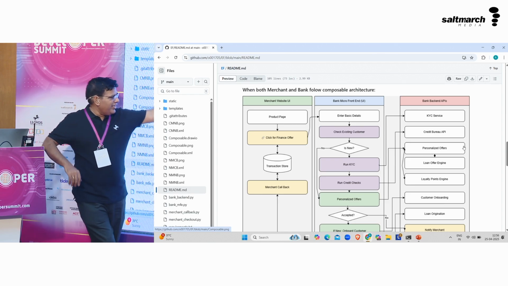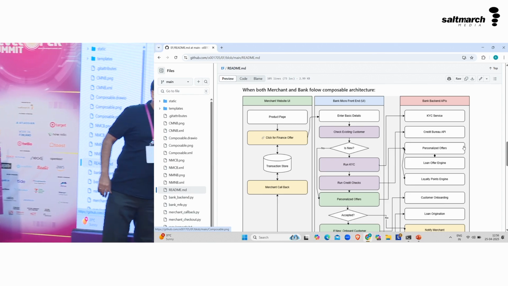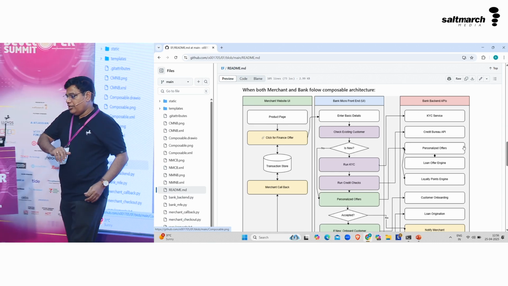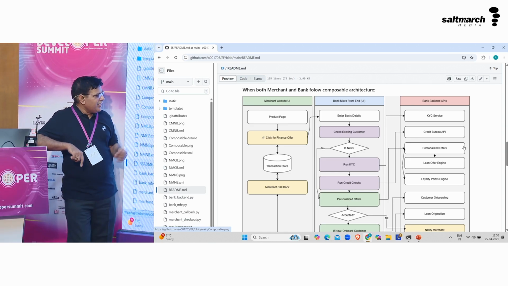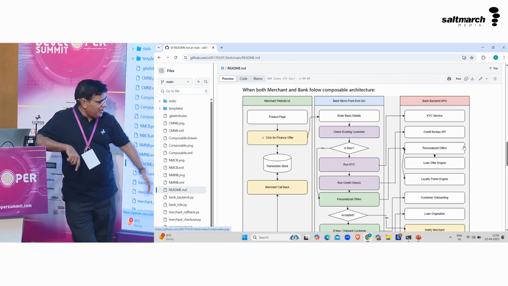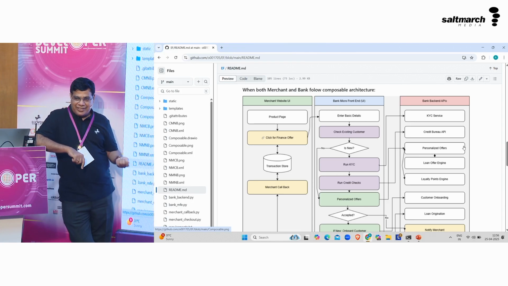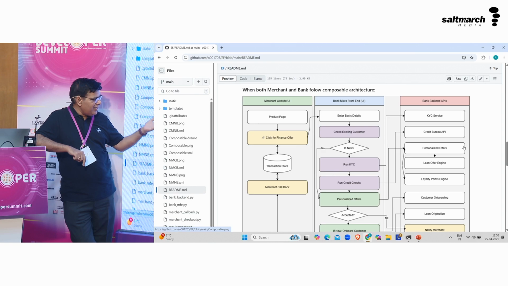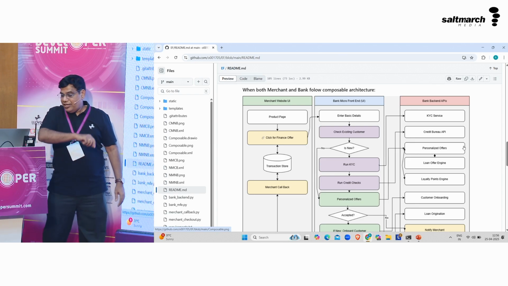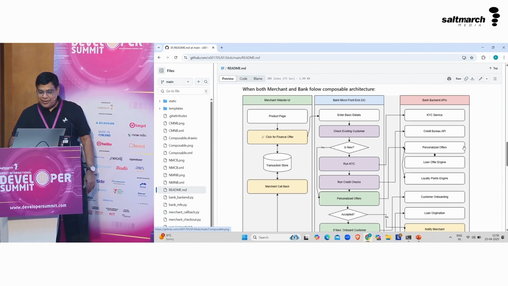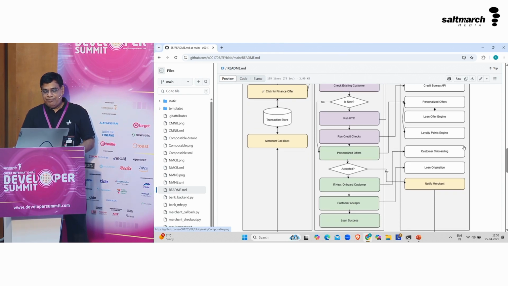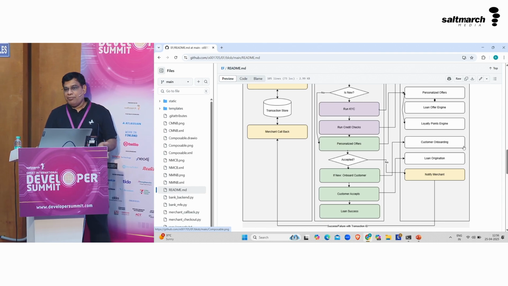All of these, again, are microservices. So if they are an existing customer, well and good, let us look at personalized offers for that customer. If they are not, then do a KYC and a credit check, and based on that, come back to offers. If the customer has accepted the offer and is new, onboard the customer.